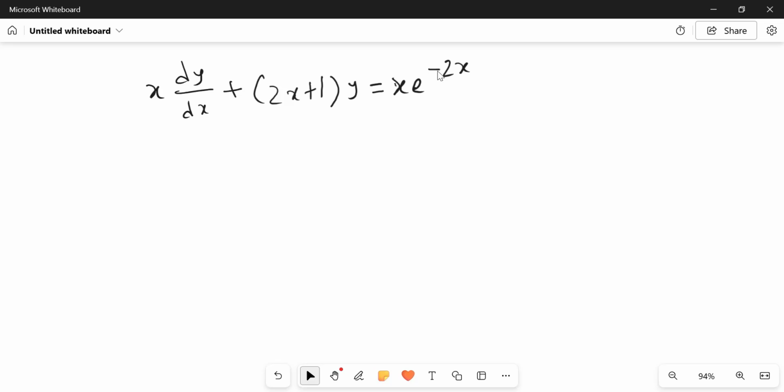So this is a problem. It's a first order linear differential equation. We have to solve it.